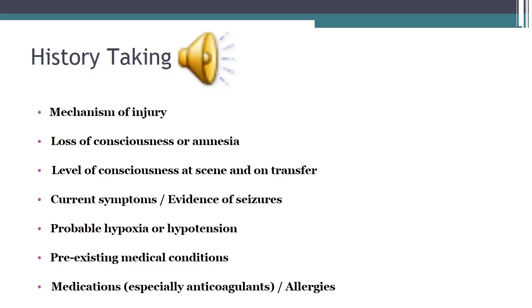Probable hypoxia or hypotension, pre-existing medical conditions, any allergy, especially bronchitis or allergic bronchitis or allergy to drugs, or history of anticoagulant drug ingestion.